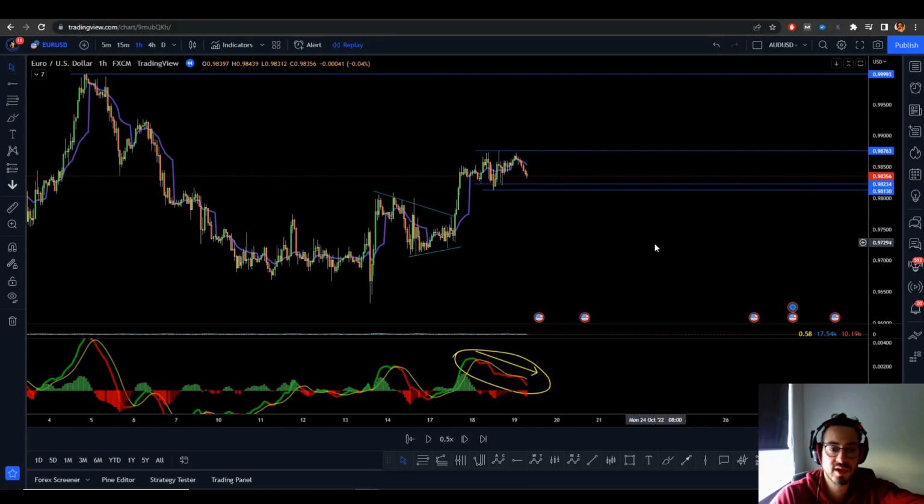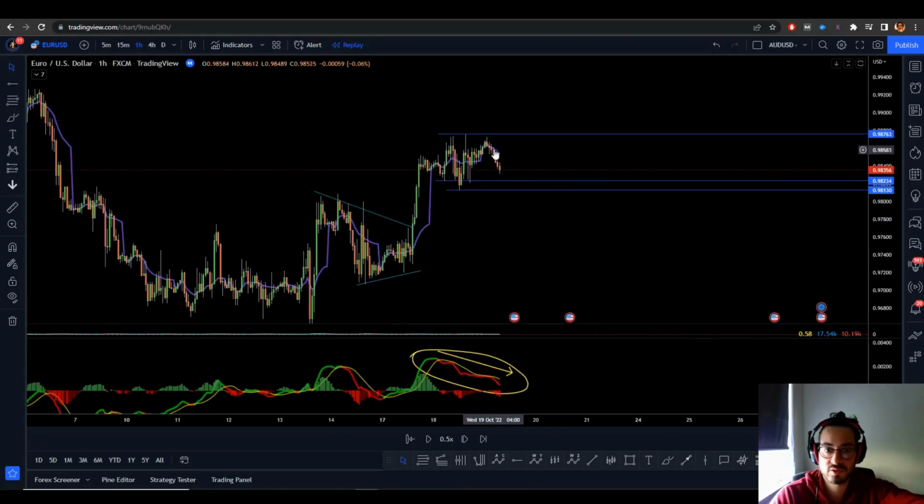VWAP gives me a precise intraday look of where the volume is, where the bear and bull volume is. So I can see right now that intraday the bears are strong, right? They're winning the battle between the bull and bear, however you want to describe it.